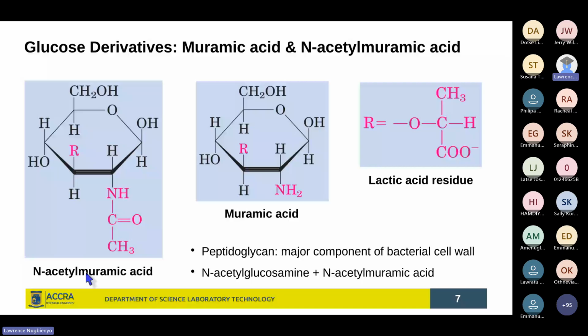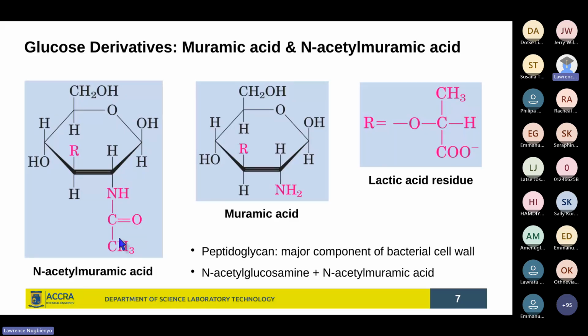Now, this N-acetylmuramic acid is what binds with N-acetylglucosamine. These two molecules alternate.